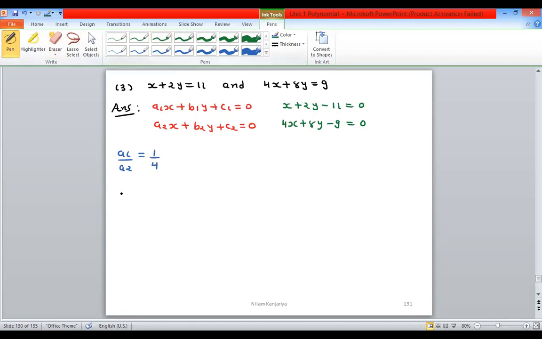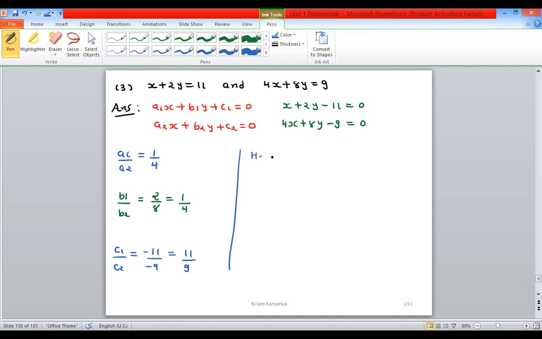Now finding the b1 upon b2. This is 2 by 8, means 1 by 4. And the last, c1 by c2. So look here, it's minus 11 upon minus 9, minus minus cancel, 11 upon 9. Which condition is satisfied here?